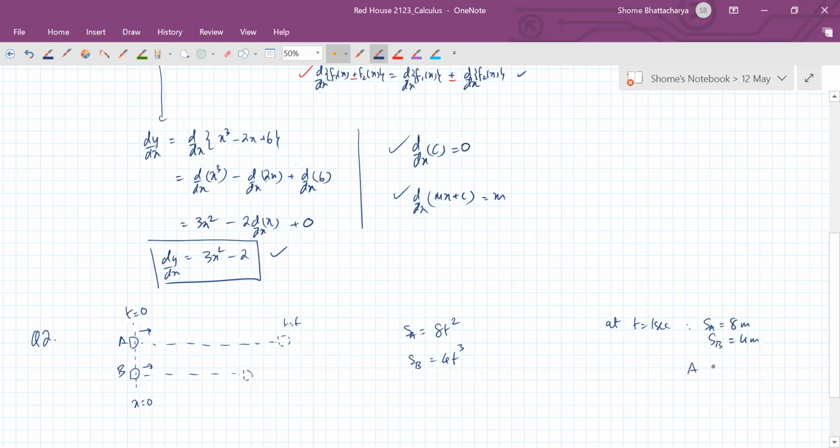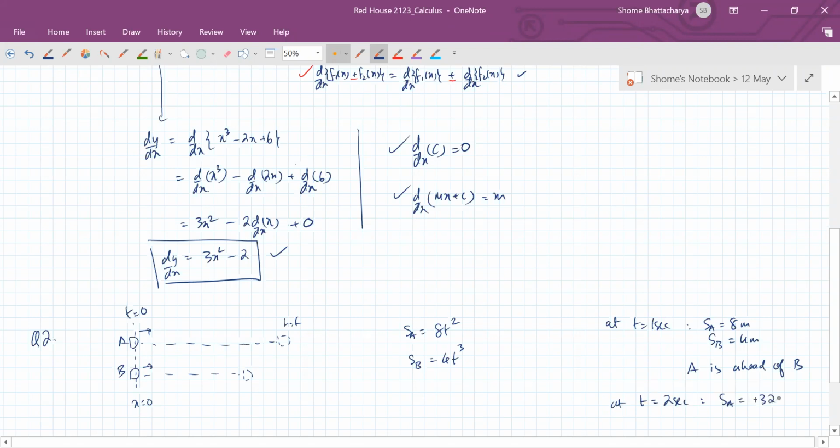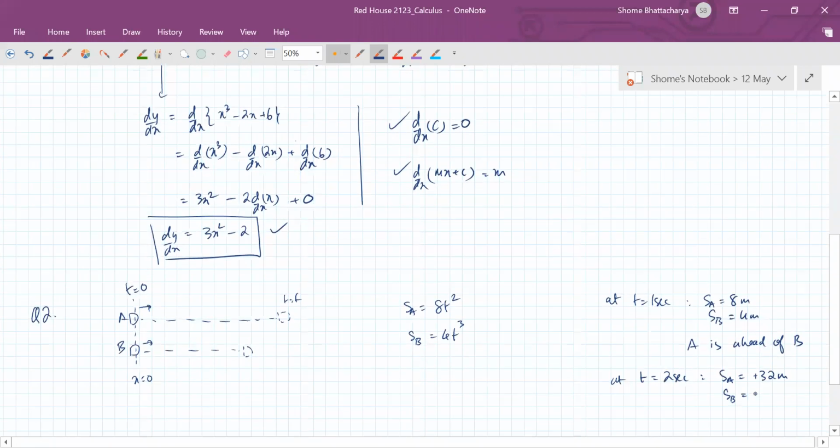So you can see that A is ahead of B. But if you check at t equal to 2 seconds, A is at a displacement of 32 meters and B is also at 32 meters. So by now B has caught up with A, so they are alongside.